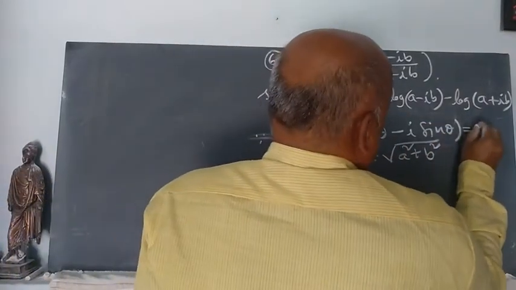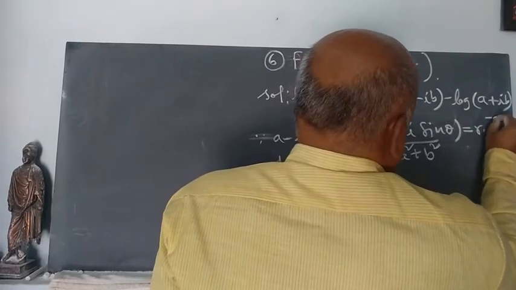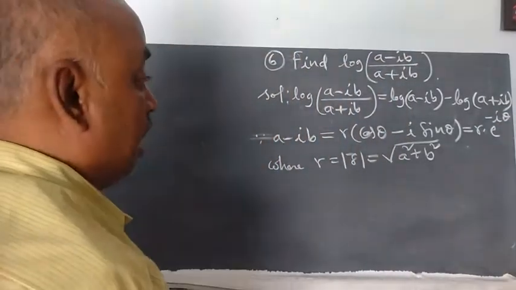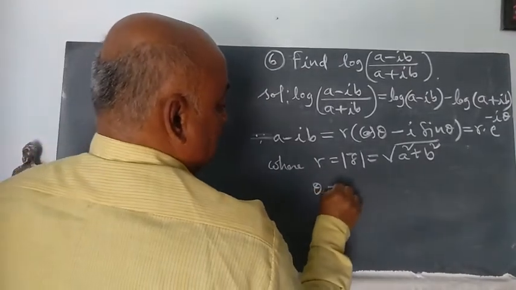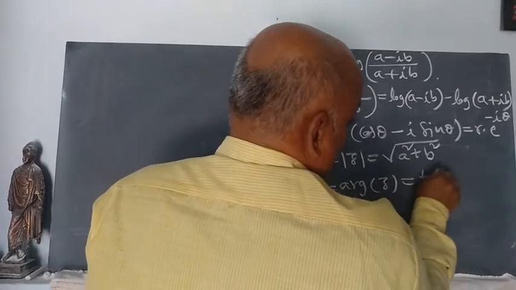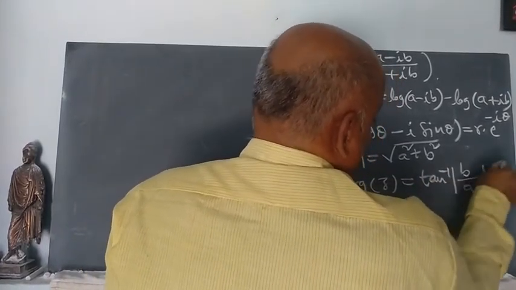This is equal to r into e to the power of minus i theta. Here theta is argument of z, which is equal to tan inverse b by a.